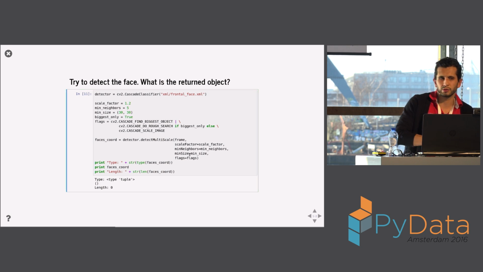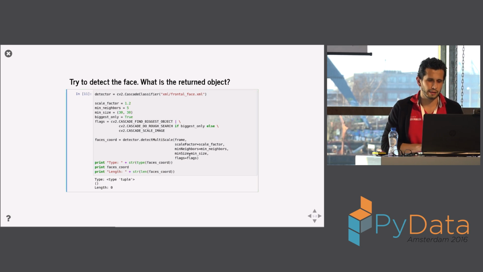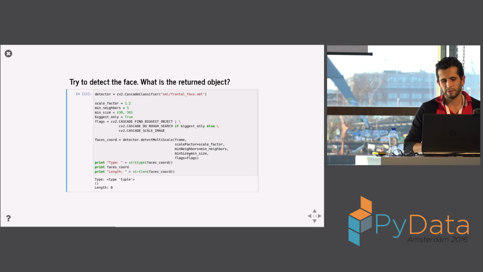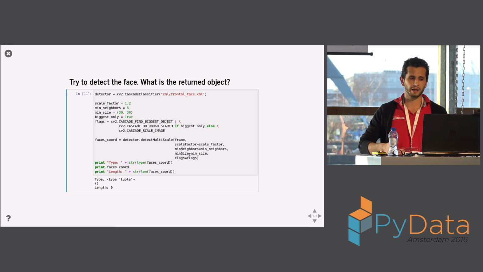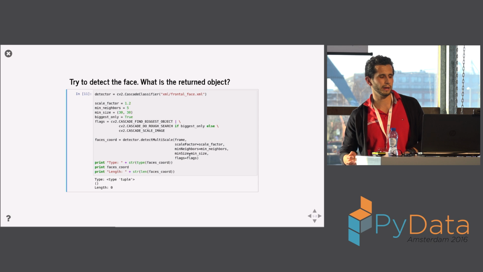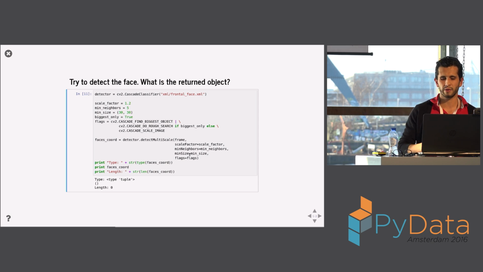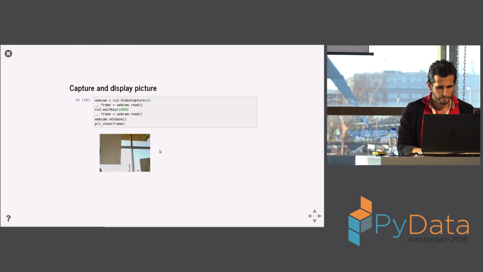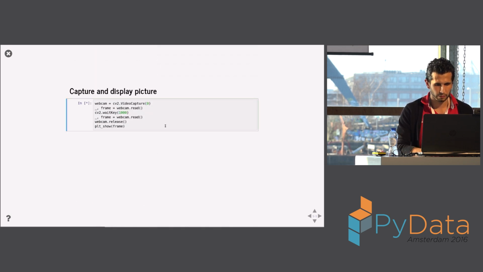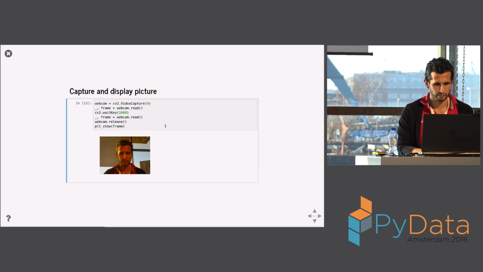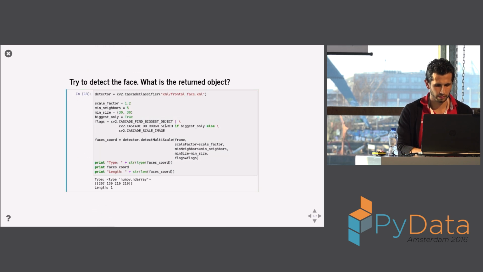Now it returns a tuple, and of course the length is 0. You can apply the length to a tuple or to a NumPy array, so you can use this to differentiate whether it found something or not.